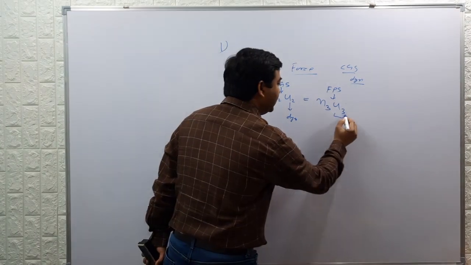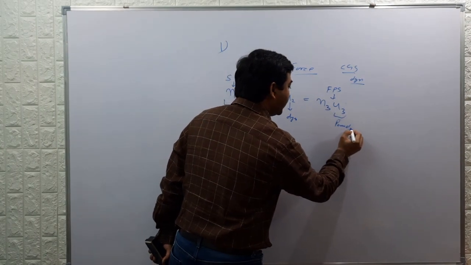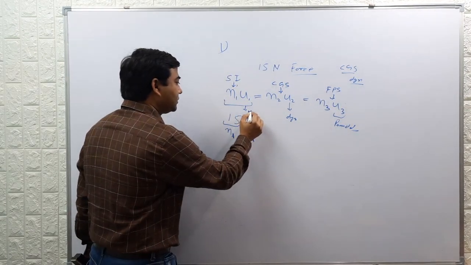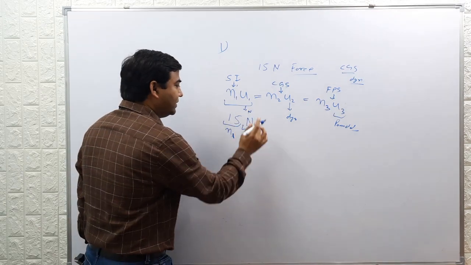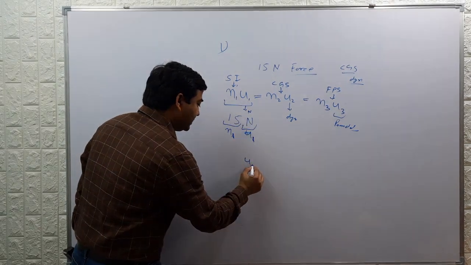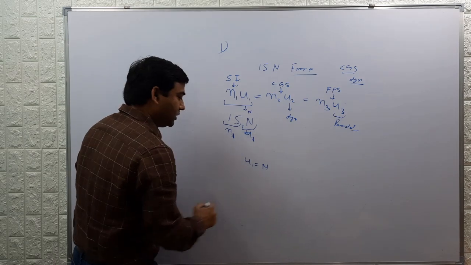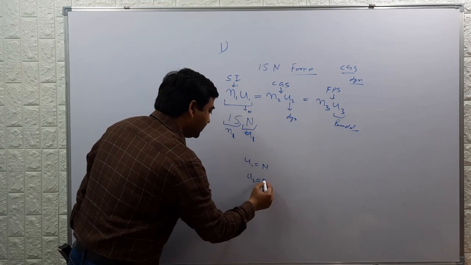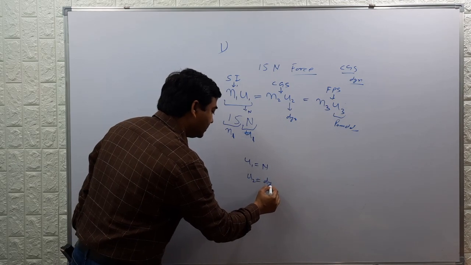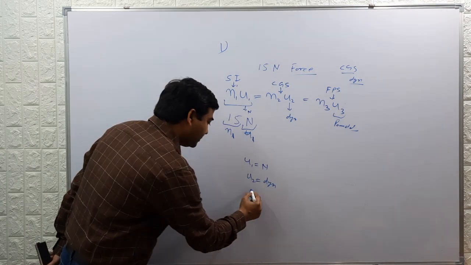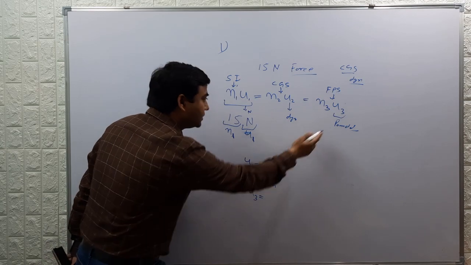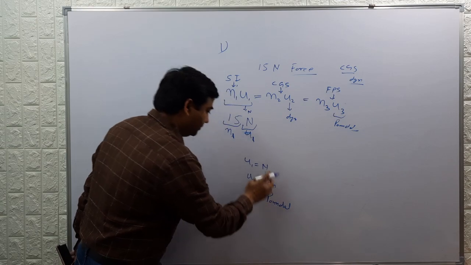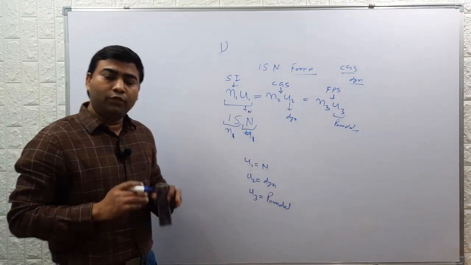U2 is dyne in the CGS system, and U3 is pound-force in the FPS system. All these three are units of force.